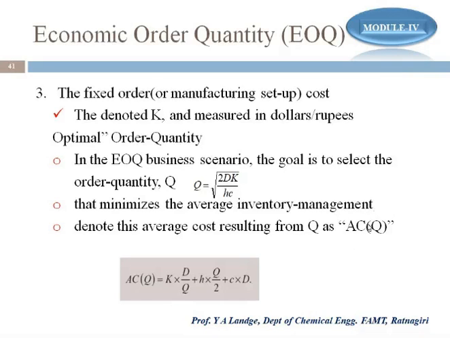That can be calculated with the help of this formula: AAC stands for the average cost of the order, equal to K, the fixed cost, times D, the customer demand, divided by Q, the order quantity that we give, plus H into Q by 2, plus C into D. So this is the formula to know the average, on the basis of the demand, the fixed cost, the holding cost, and the demand.